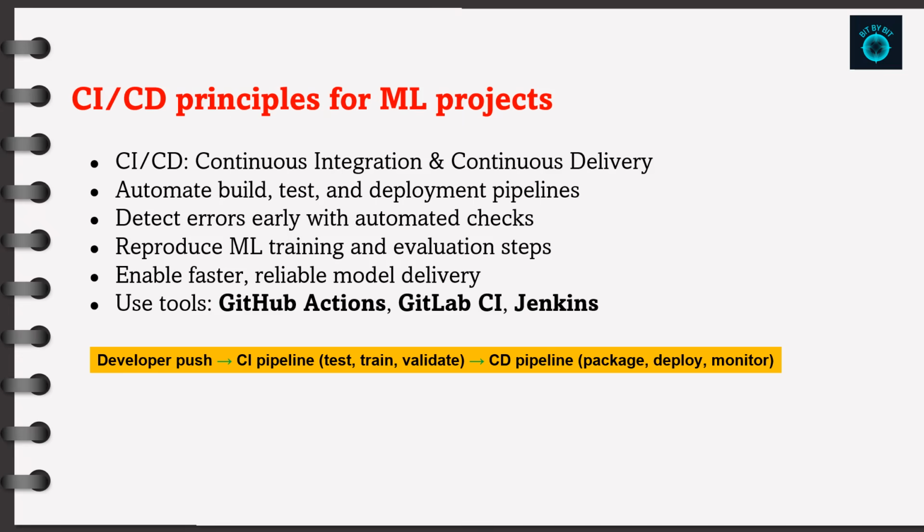In short, CI/CD in MLOps is about automation, traceability, and consistency across code, data, and models. It's what makes modern machine learning production-ready. Every model version, every dataset change, every pipeline update, all tracked, tested, and deployed automatically.